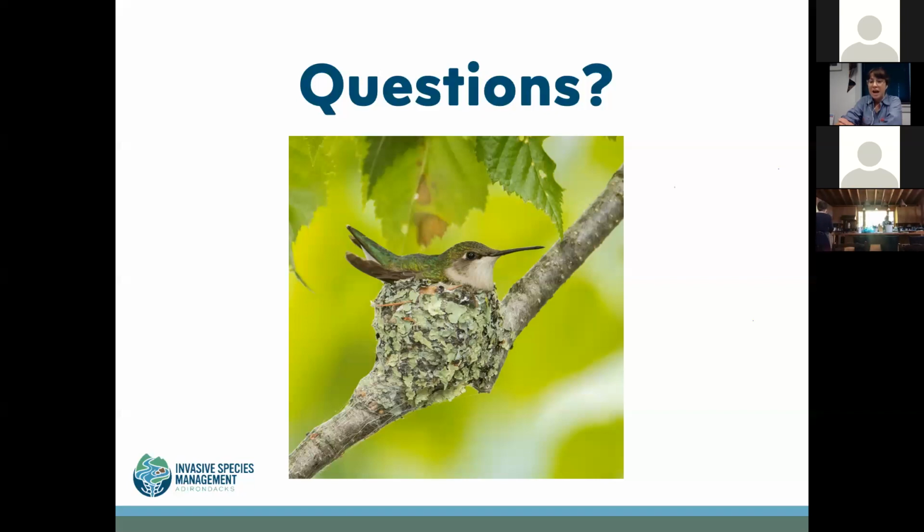These are great questions. How do you get to the interior of a thick patch to inject stems? Yeah, that is a good question. Very carefully. If you've ever peered into the interior of a knotweed infestation, sometimes it's actually not as thick as you may think from looking at it from the outside.